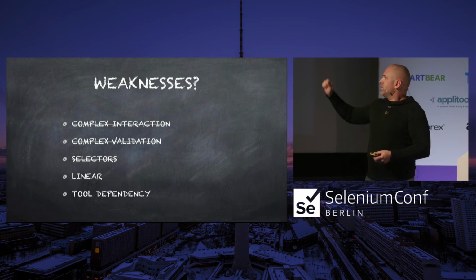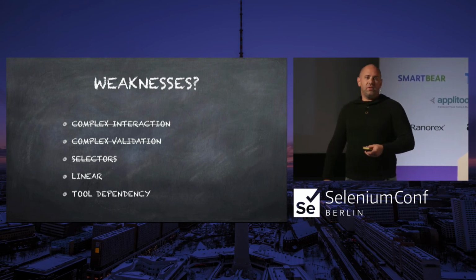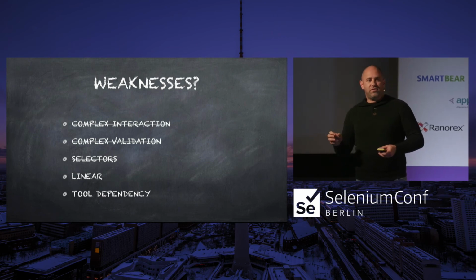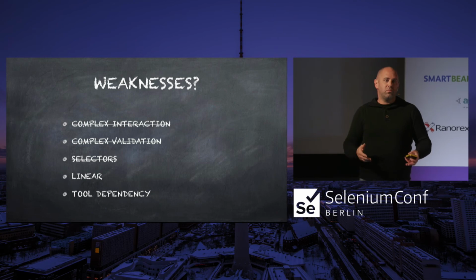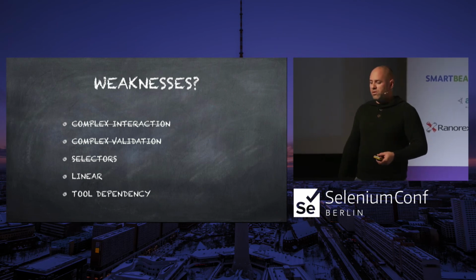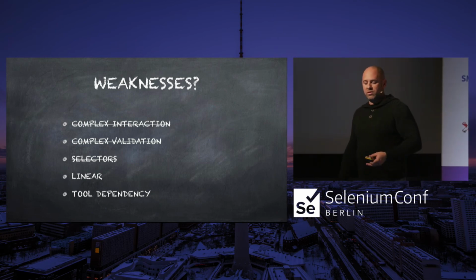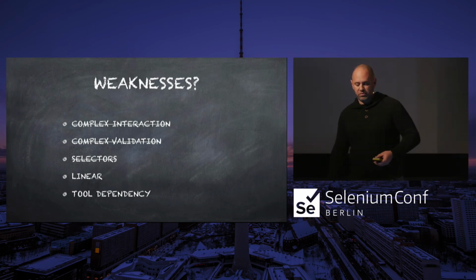And also I can strike through the selectors, because it diminishes the problem of the complicated selectors, because we need fewer of them. We do simpler interaction logic and simpler validation logic.